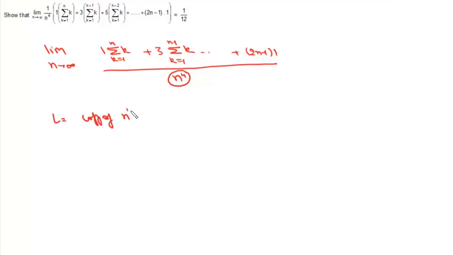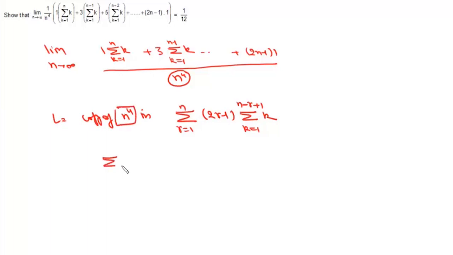the coefficient of n to the power 4 in this series, which is summation r varies from 1 to n, 2r minus 1, into summation k varies from 1 to n minus r plus 1 of k. So essentially we are looking for the coefficient of n to the power 4 in this series.